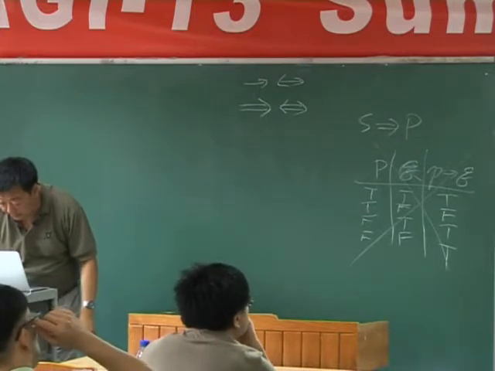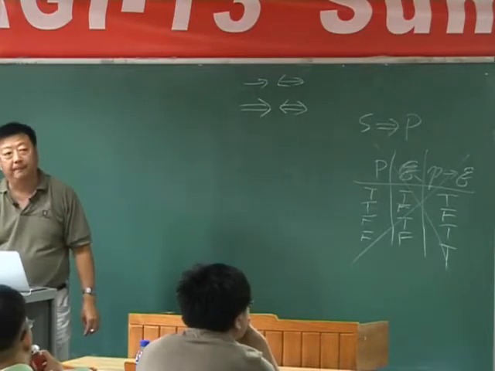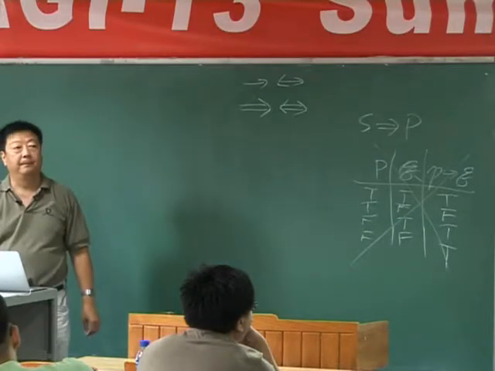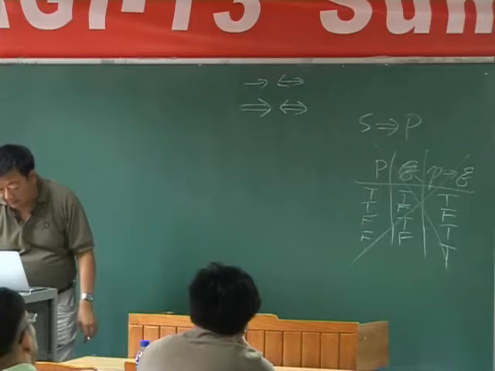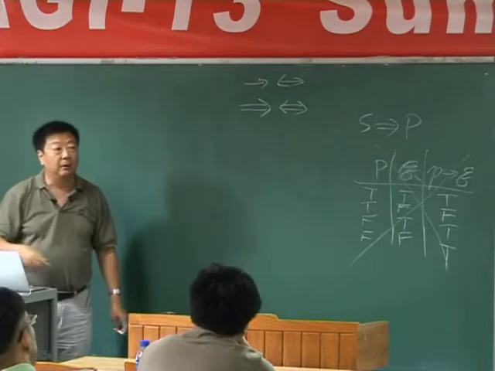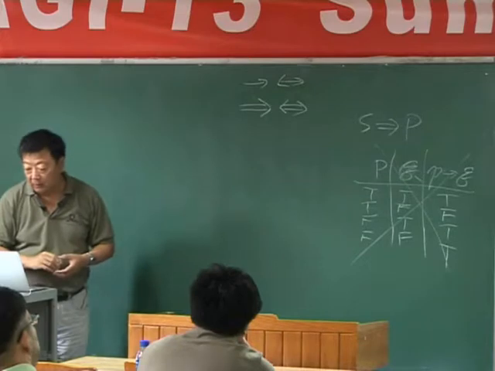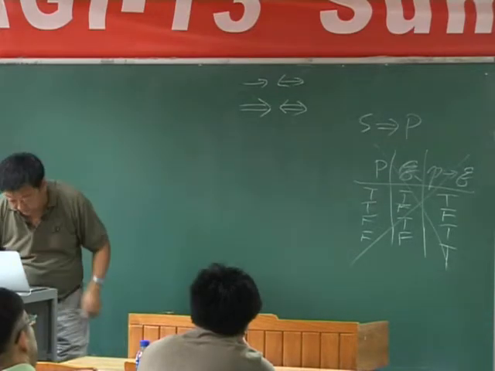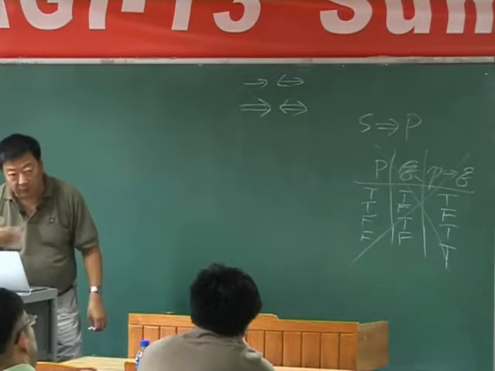This is defined as follows: S1 implies S2 if and only if S2 can be derived from S1 in a finite number of inference steps. You see, this is the derivation notation in logic, so that from this one you can derive the other. It doesn't necessarily have to be in one step.